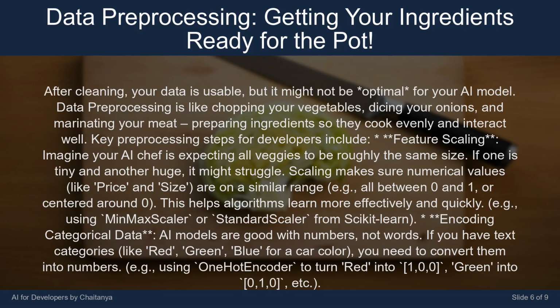AI models are good with numbers, not words. If you have text categories, like red, green, blue for a car color, you need to convert them into numbers. E.g., using OneHotEncoder to turn red into 1, 0, 0, green into 0, 1, 0, etc.